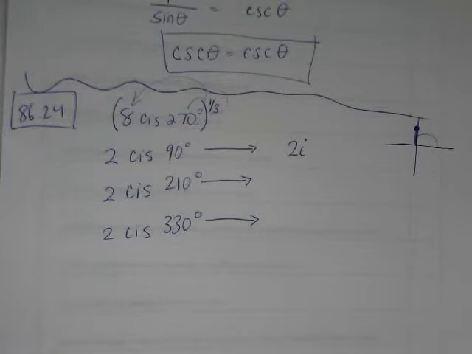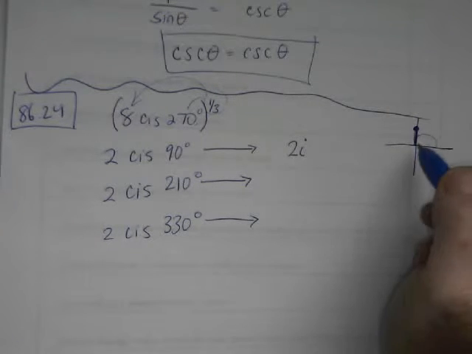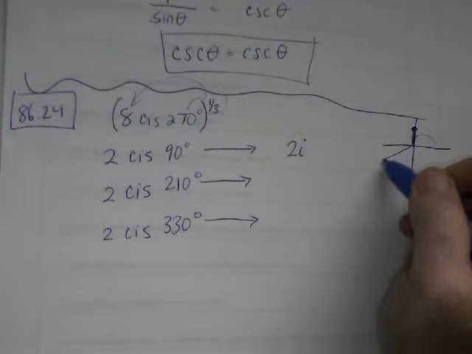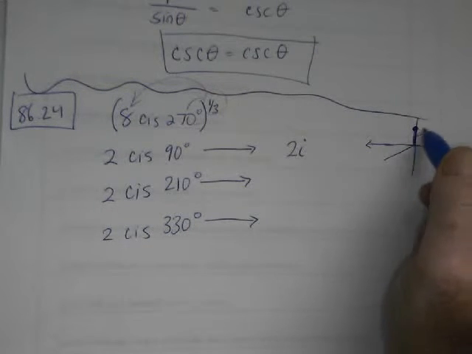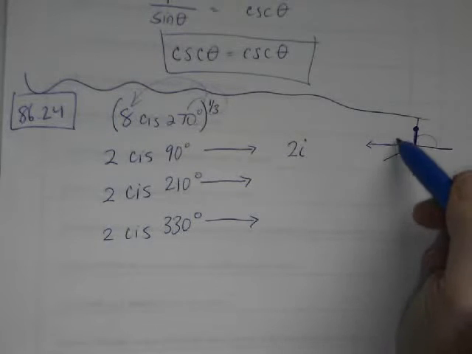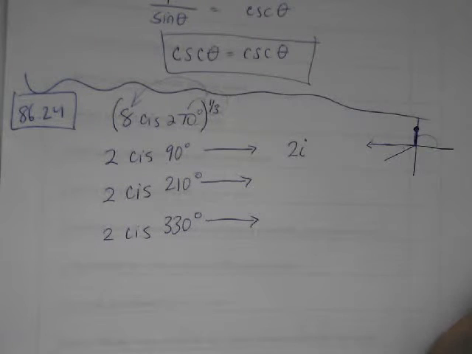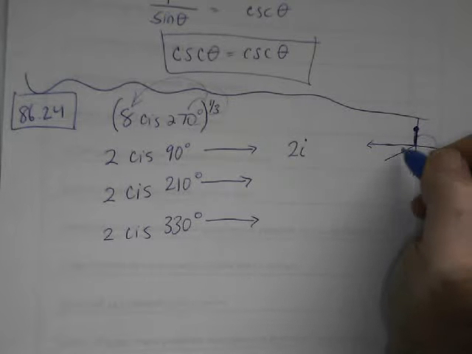210 degrees. So 210 degrees would probably be around, I don't know, down here somewhere. It can be 210 degrees right there. And so that's 180. What does this angle measure? Well, that's 30.